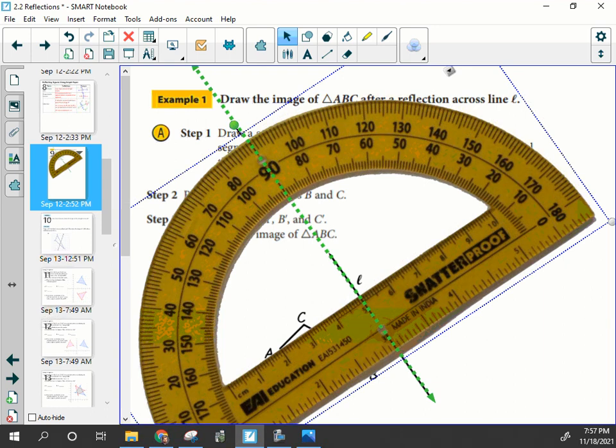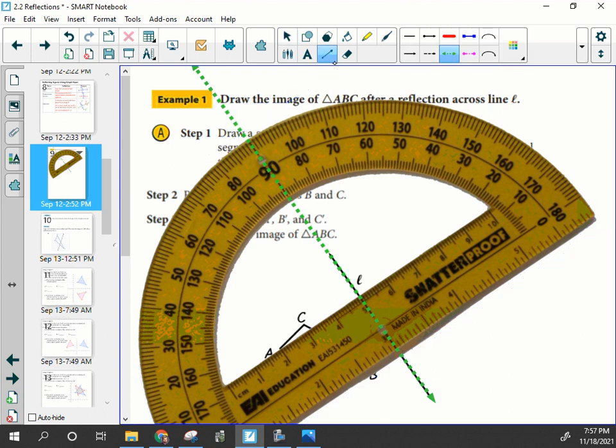And what you will notice is that my line in the middle is at the 5 centimeter mark. So if I count over, A is at the 2 centimeter mark, which is 3 centimeters away. So I'm going to draw a line.